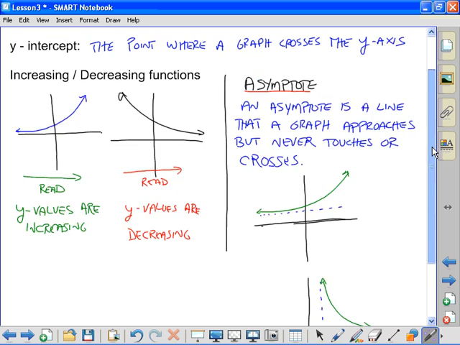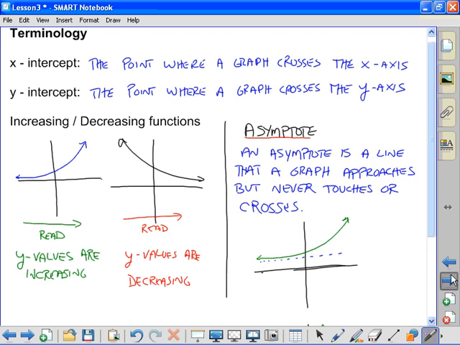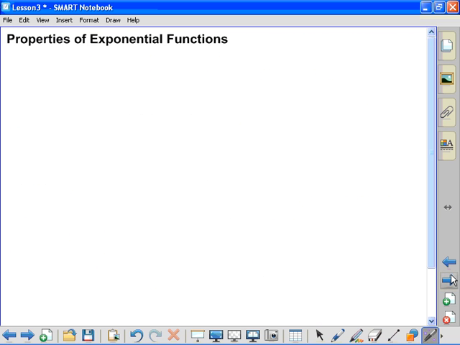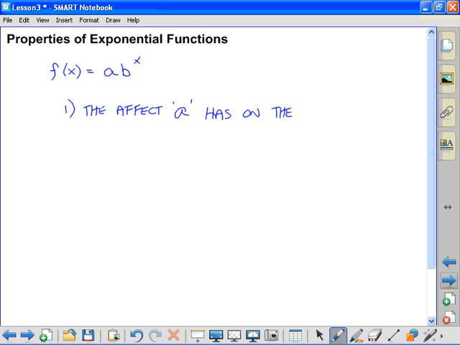And so there's some of the key concepts you need to know when you talk about the properties of an exponential function. So in this investigation, with this function, this is what I want you to focus on. Okay, so first thing is the effect the a value, or the coefficient, has on the graph or function.